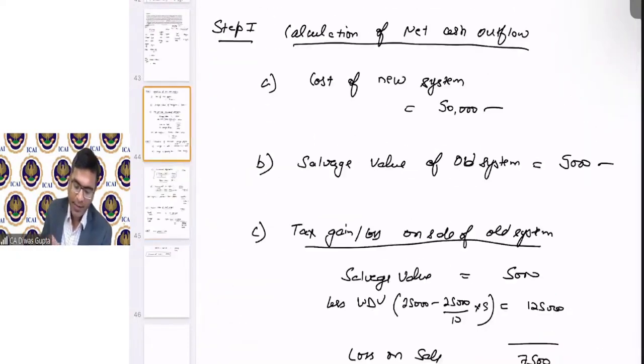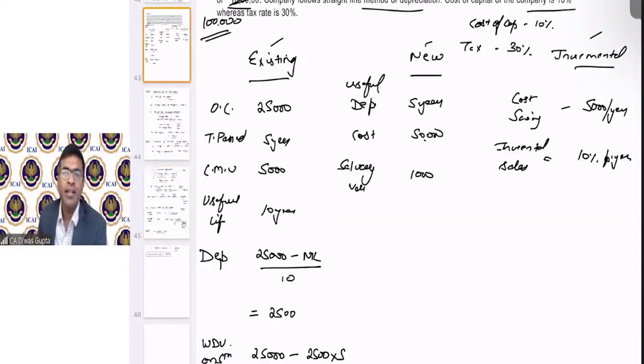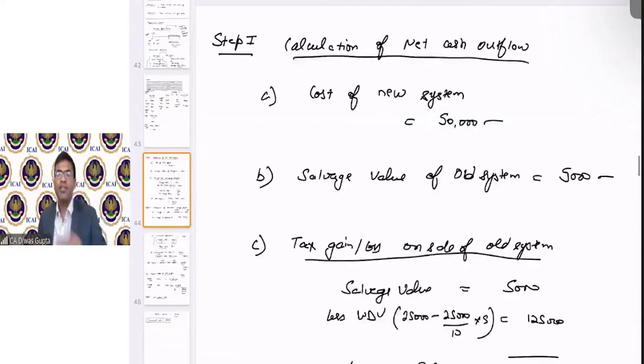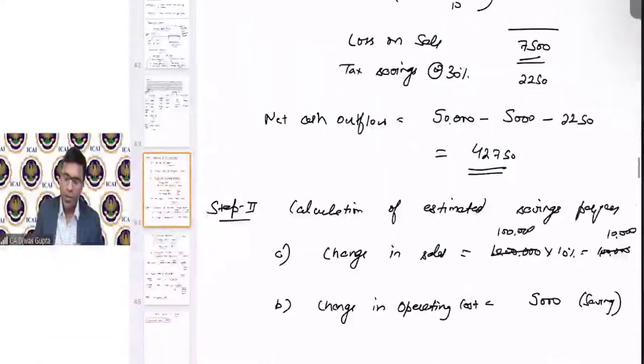So I think the concept here is that we have to really put all the facts that are given into different buckets: existing, new and incremental, so that we don't miss anything. And accordingly, step by step, first we will arrive at the incremental net cash flow. For calculating it, we will take the total amount as well as compute the salvage value of the old system and any tax implications on the old asset.